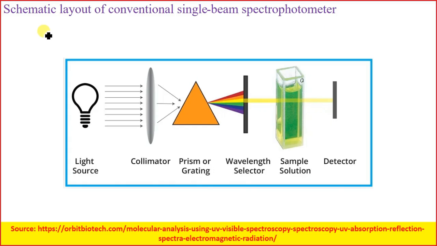Then we are getting into the UV visible spectrophotometer, how they look like. This one is the schematic layout of the conventional single beam spectrophotometer.